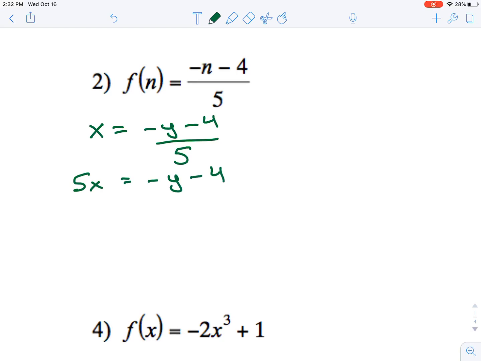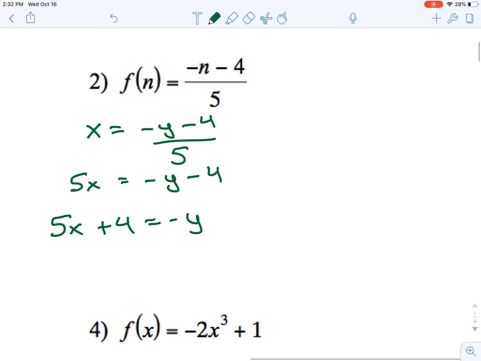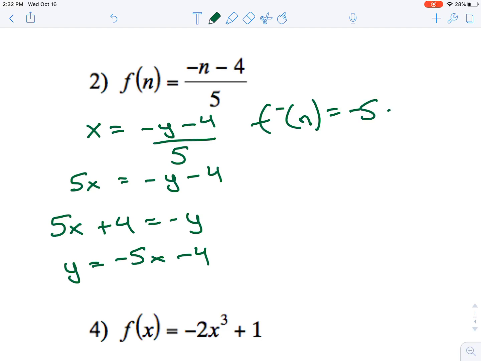And then I'm going to add 4. And then I'm going to divide both sides by negative 1. And I'm going to have y is equal to negative 5x minus 4. So the inverse of n is equal to negative 5x minus 4.